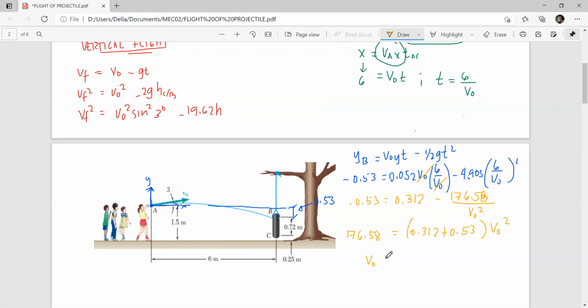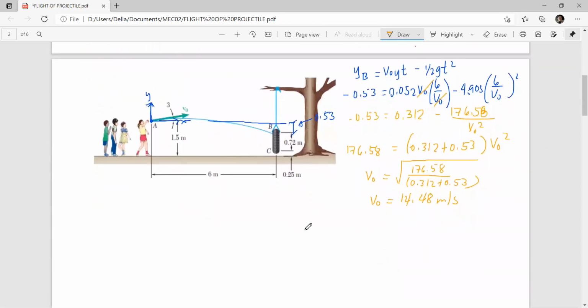So the velocity initial will have the value of 176.58 over 0.312 plus 0.53. So velocity initial equals 14.48 meter per second. So that is when it hits the point B.